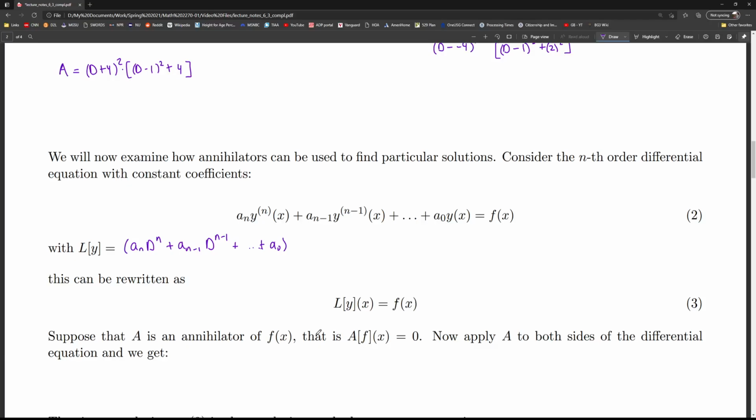Now, suppose that A is an annihilator of f of x, that is, A of f of x equals 0. We can then apply A to both sides of the differential equation, and this is what we get.